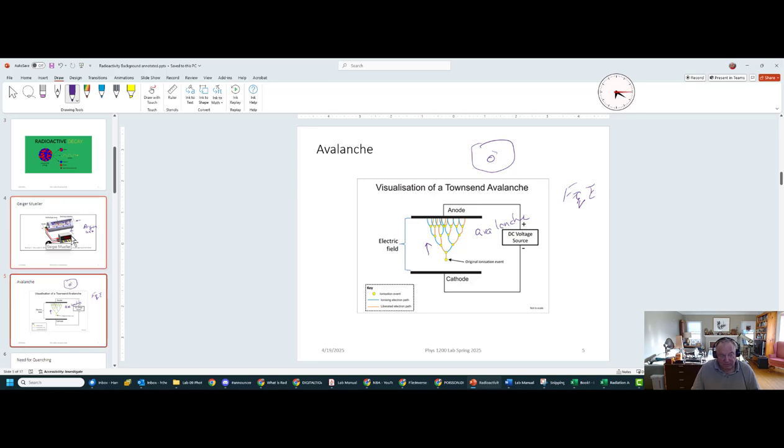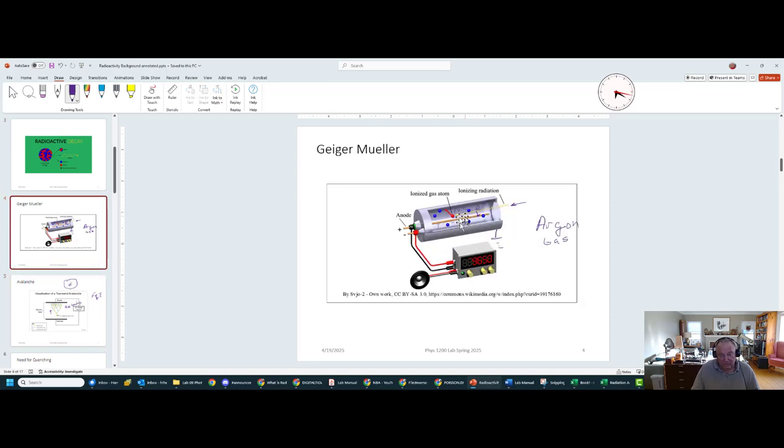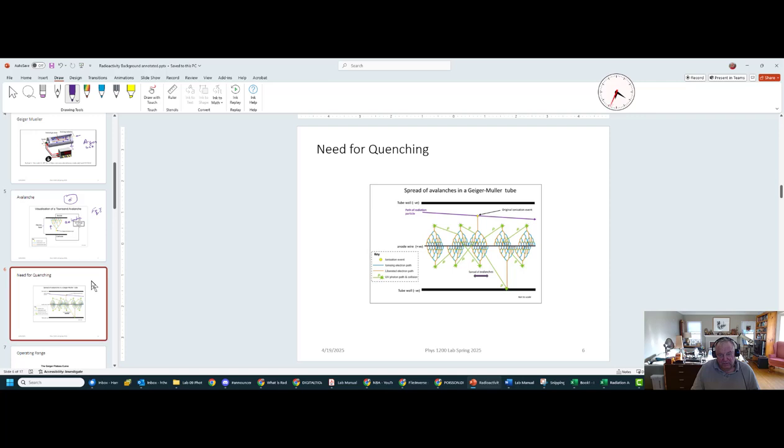Okay, so for your logbooks, the structure of this thing: positive wire in the middle, and the field gets very strong as you get closer and closer. There's an inert gas in here, and sometimes they put a little propane, or some other complex organic molecule, though obviously propane burns.